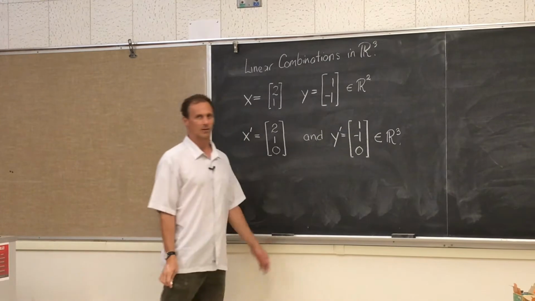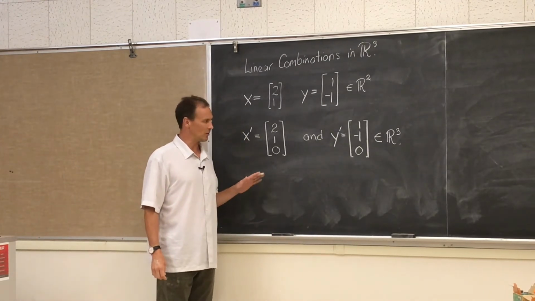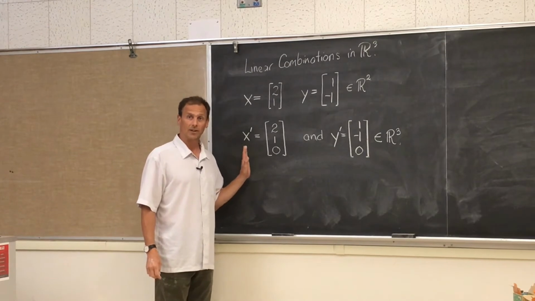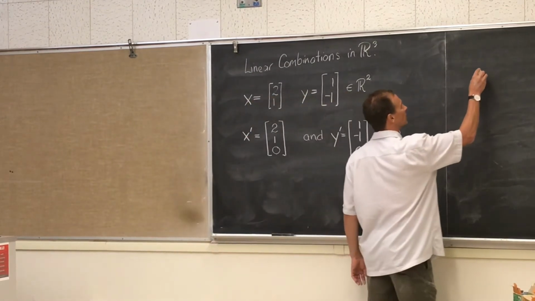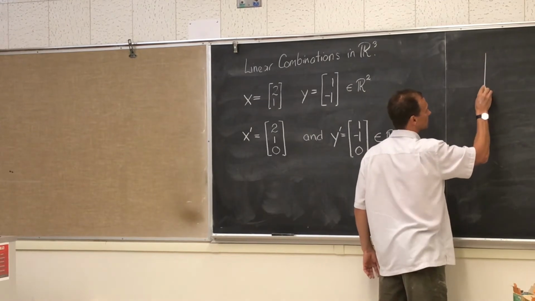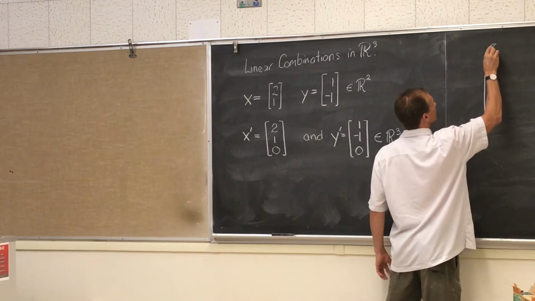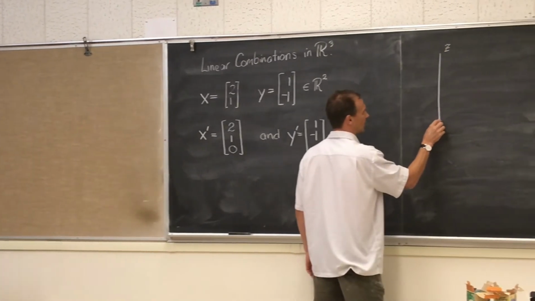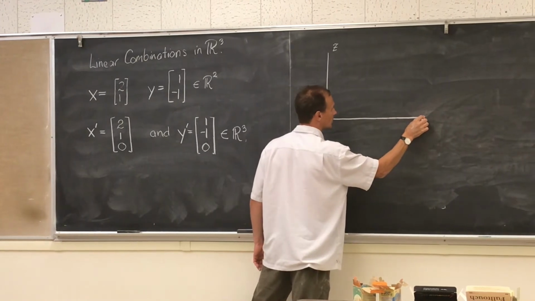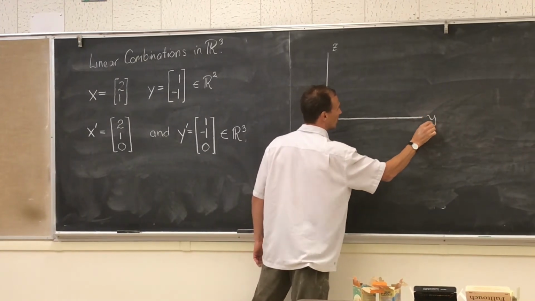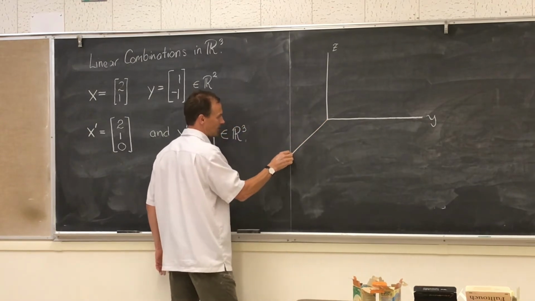First thing I want to do, I think it's good practice, is to be able to see these in 3 space. So we're going to graph these, just like we practiced. I'm going to start with my vertical line, which will be my z-axis, make my horizontal line, my y-axis, and then bring out our slanted line for our x.